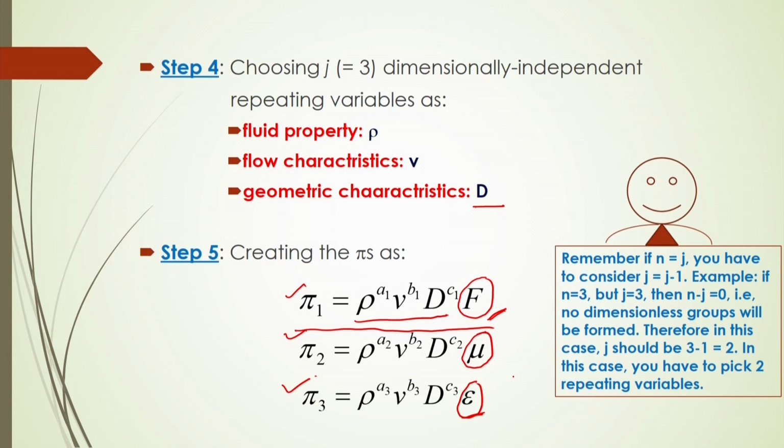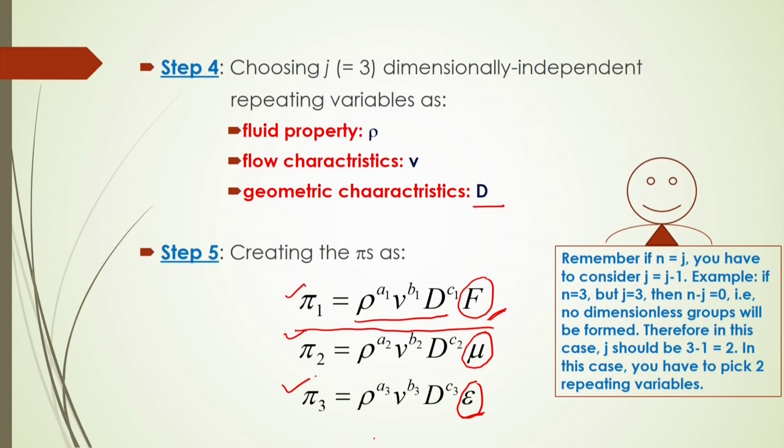In this way, if there are more than 6 variables in the physical process, suppose there are 7 variables, then 7 minus 3 will give 4 dimensionless groups. So here we will have phi 1, phi 2, phi 3 and phi 4.